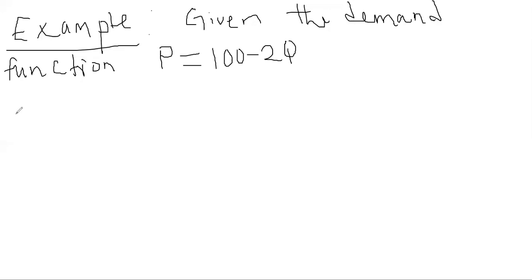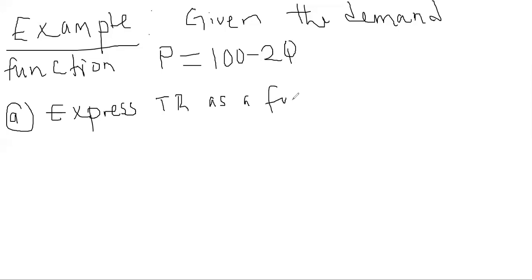And now the task here is to derive the revenue function, or you can say, express total revenue as a function of Q, which is quantity. This statement should be familiar to you by now.